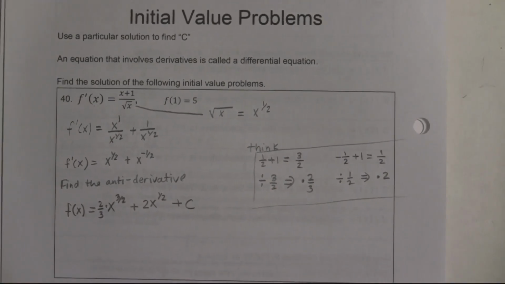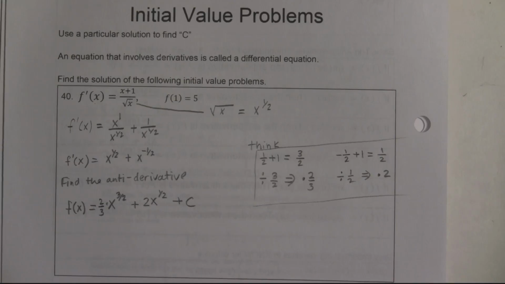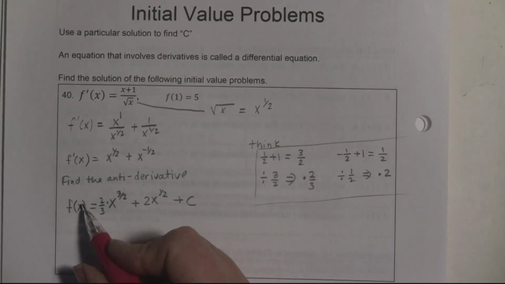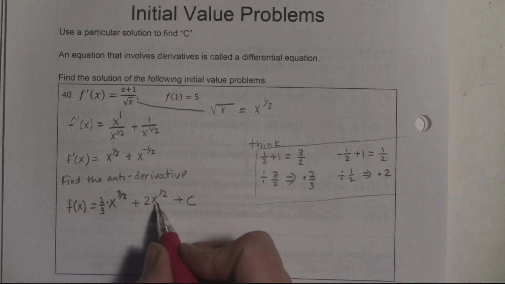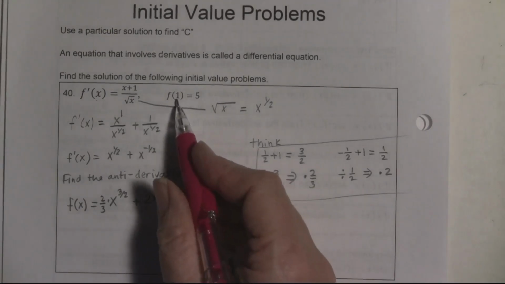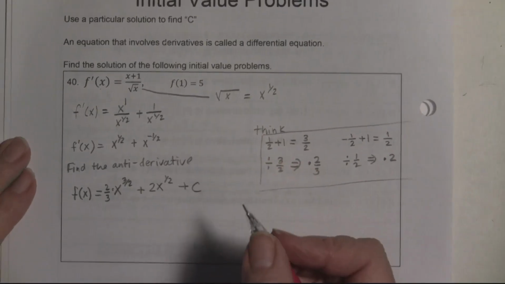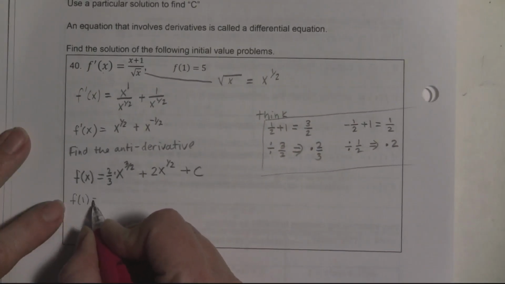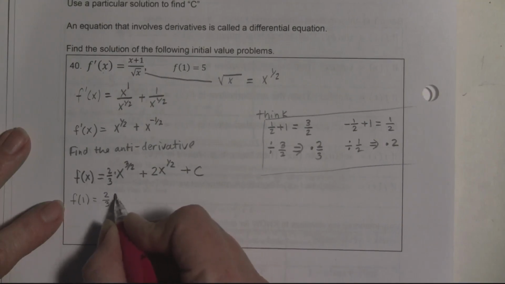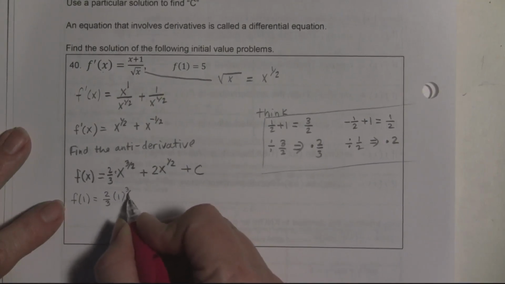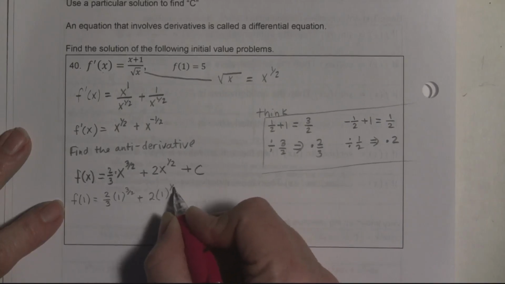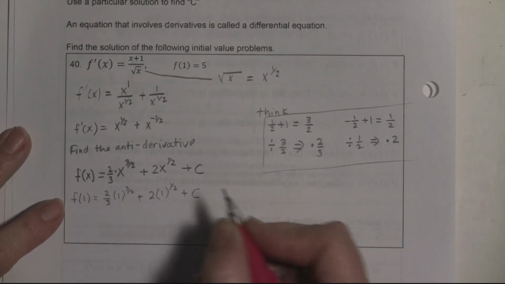And this initial value is going to allow me to find this constant, because it says when x is equal to 1, f at 1 is equal to 5. So if I come through here and I put in f at 1, so I'm plugging in 1, so 2/3 times 1 to the 3 halves, plus 2 times 1 to the 1/2, plus the constant c, right?